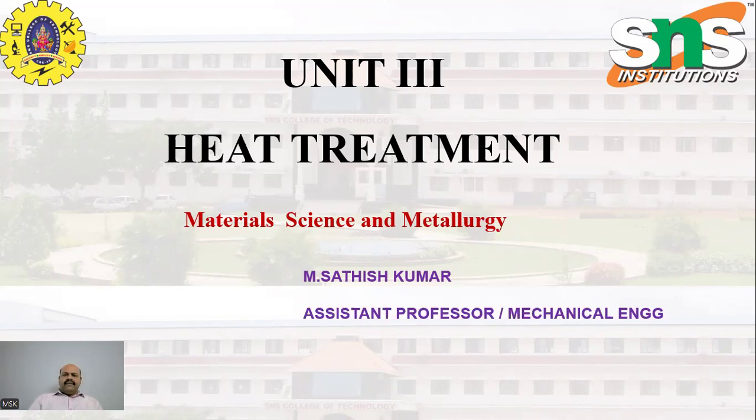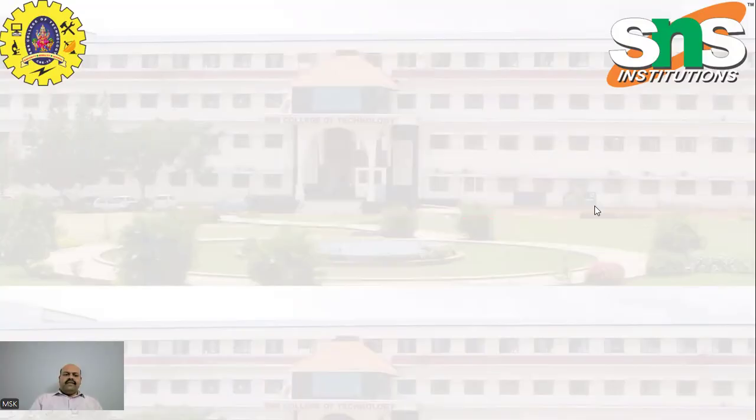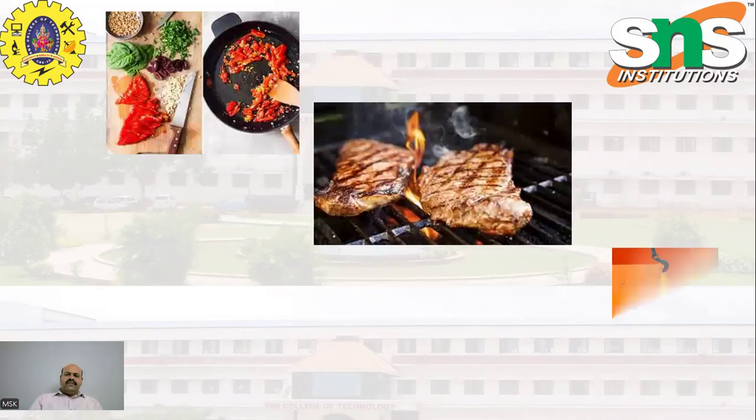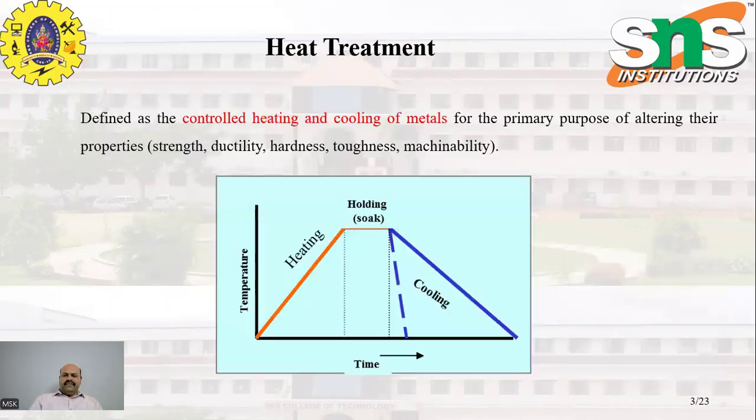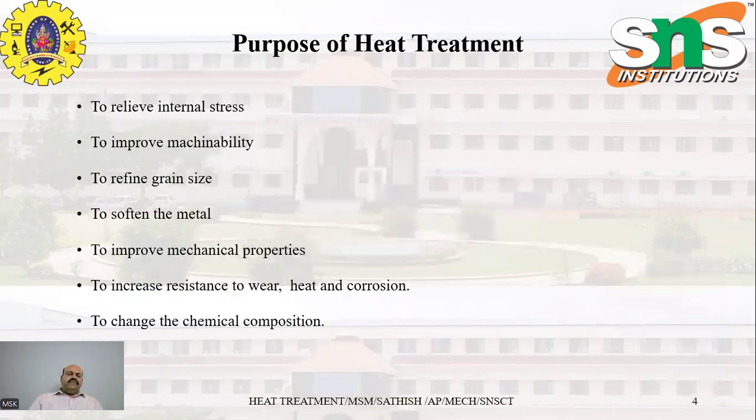In the previous class, we have seen how heat treatment is done on domestic food, and we had an analogy to understand what heat treatment is and what the definition of heat treatment is. And we have seen the purpose of heat treatment.